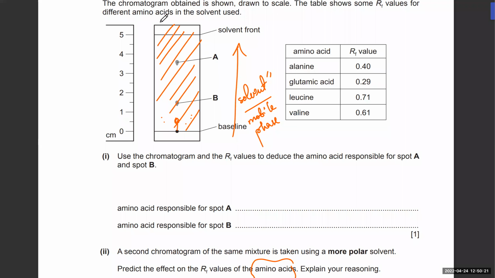So get the idea. If it's going to get attracted to the stationary phase, it's not going to move. If it gets attracted to the solvent, it will continue to move with the solvent, which is the mobile phase. Is that clear? Yes, sir. But there's going to be a lot of variation. They'll keep mixing polar and non-polar things up.